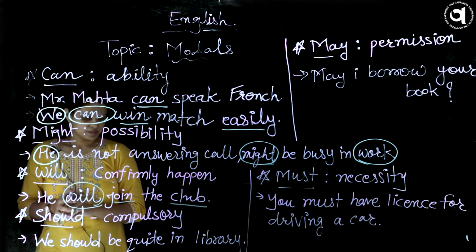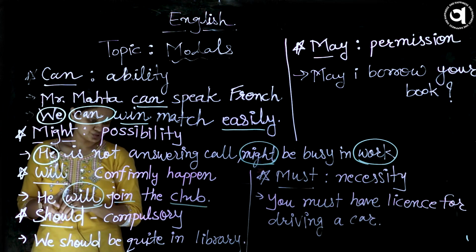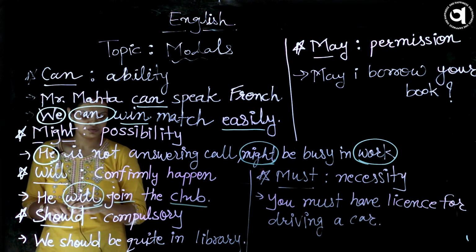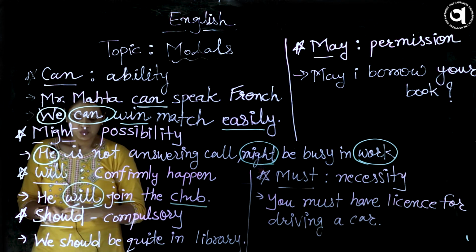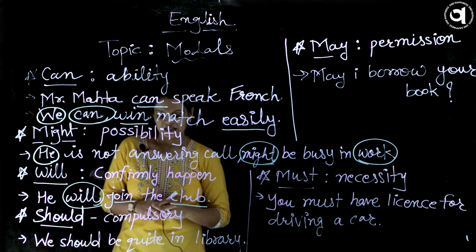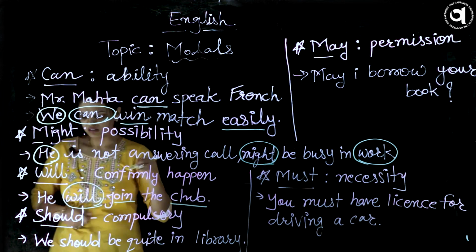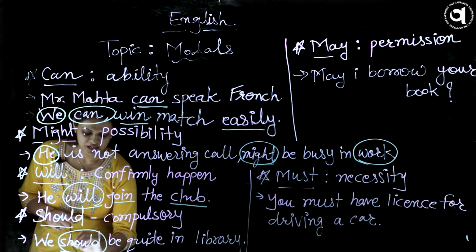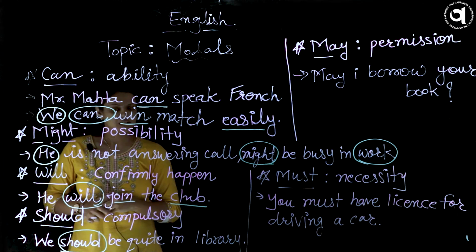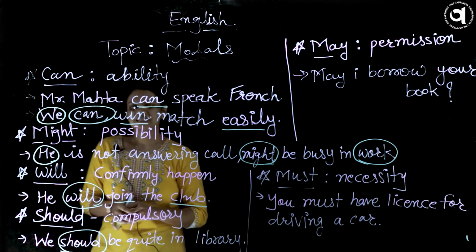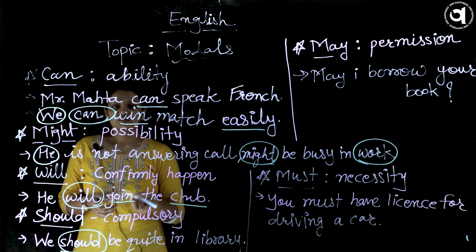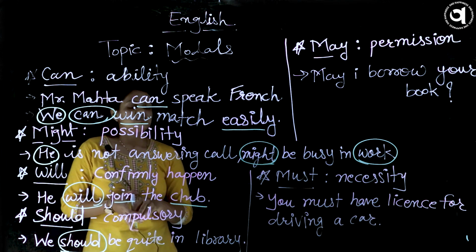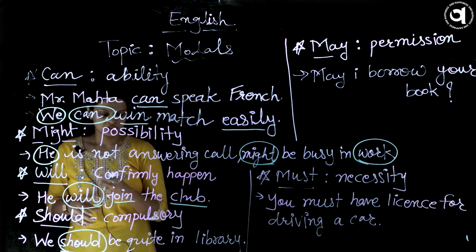The next word is should. We use should in our sentence to mention something that is compulsory to do, like, we should be quiet in the library. So it's a rule. We can't honk or speak loudly in places like a hospital, police station, library, or anywhere small children are around us.